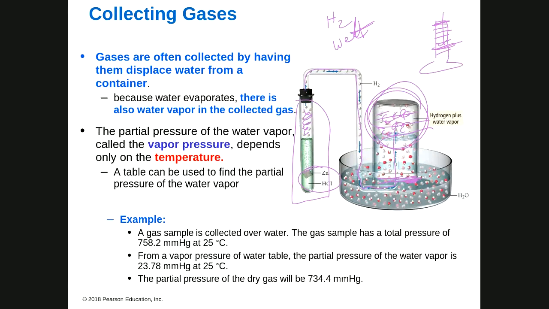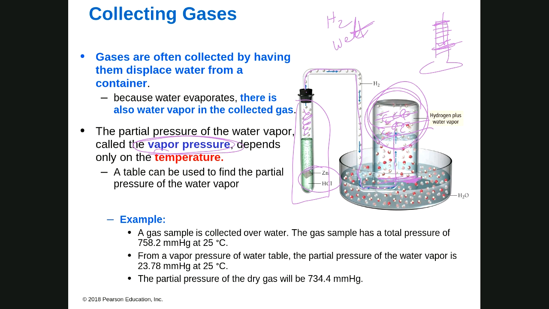Because of that, I have to take into account the vapor pressure of the water, and that's going to be a correction. The only thing this depends on is temperature, and there's a table that'll tell you partial pressures of water vapor at certain temperatures. On an exam, I'll tell you the vapor pressure of water at whatever temperature the problem is talking about, so you'll have that.